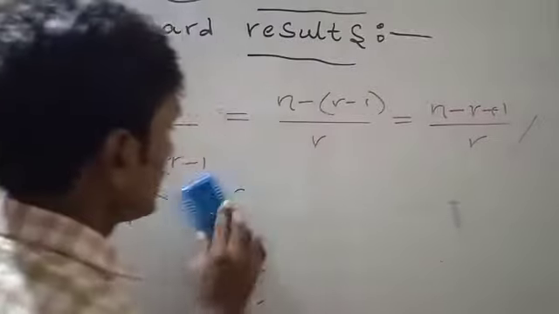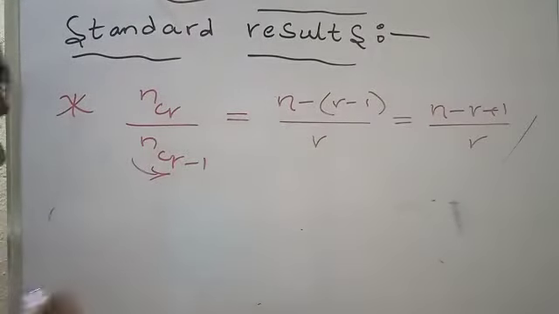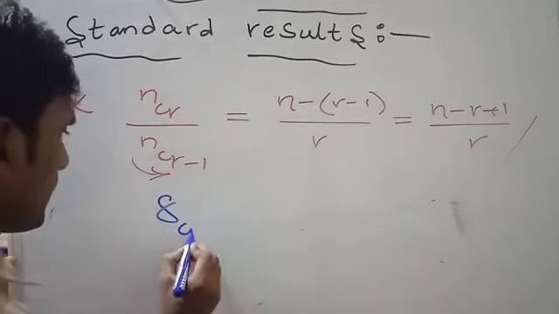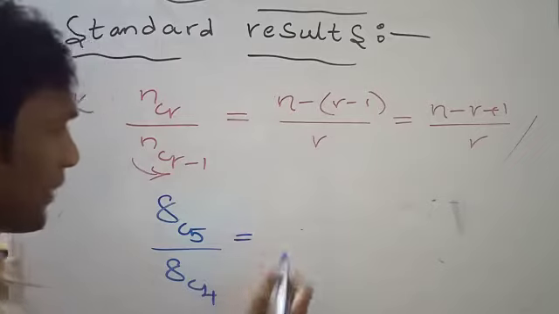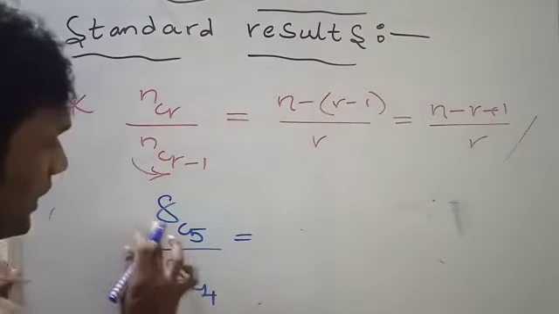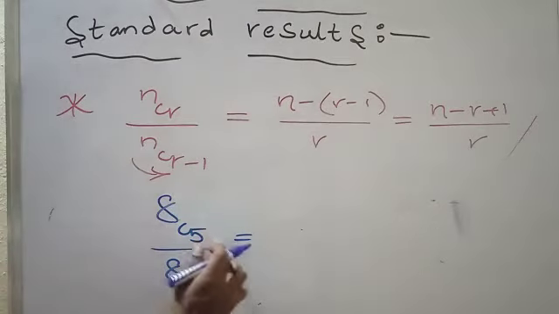Suppose the given problem is like this. See this one. The given problem is 8C5 divided by 8C4. 8C5 by 8C4 is in the form of nCr divided by nC(r-1).